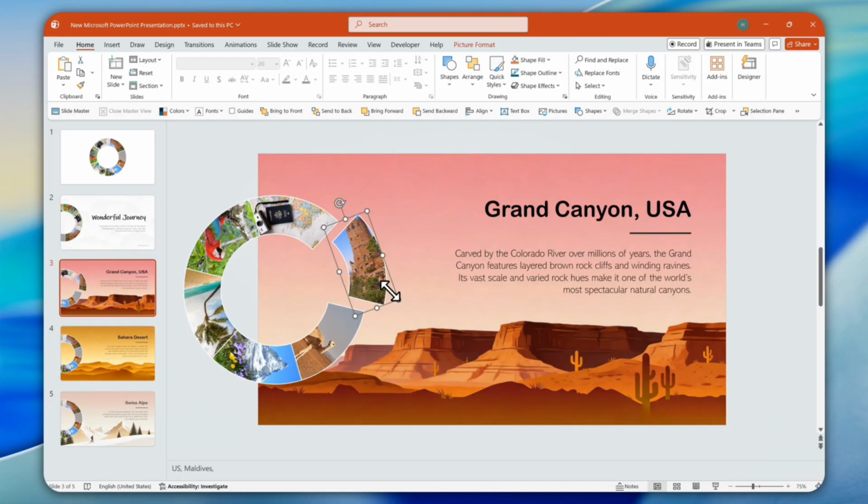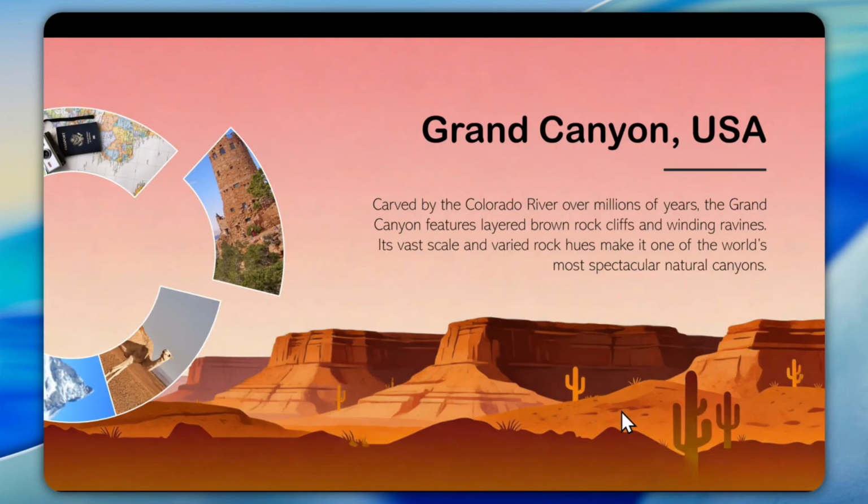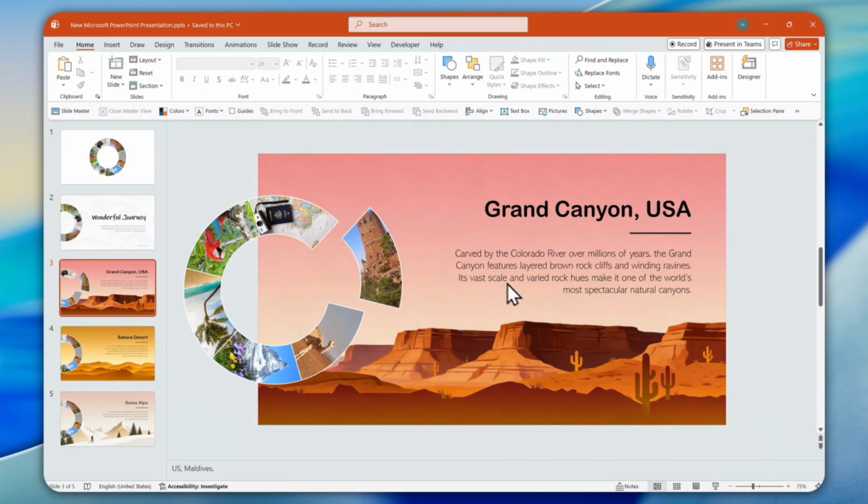Hold down Control and Shift. Slightly enlarge it. Then you can use the mouse to adjust it to the right position. In this case, we can see that this page now has a nice effect. That is, there's a part that stands out.